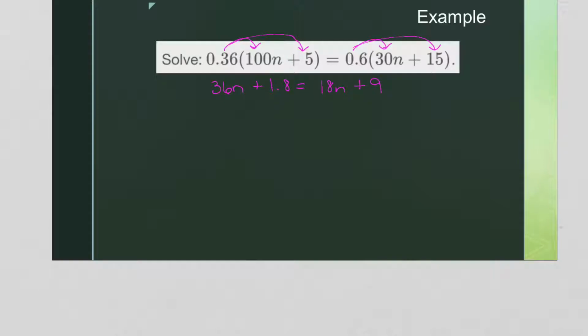Now, decide which side you want to put your variables on and which side you want to put your constants on. So I'm going to grab that 18n because it's smaller than 36n, and I'm going to subtract it from both sides. That created 0. 36n minus 18n is 18n.